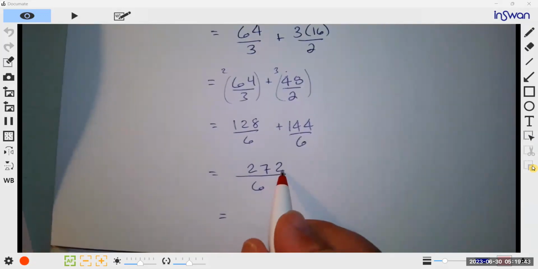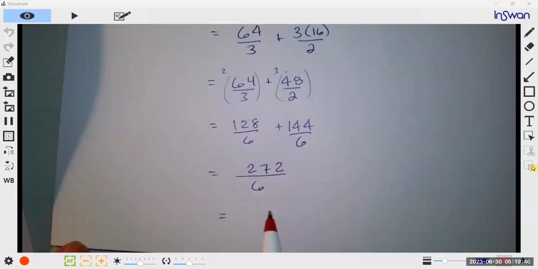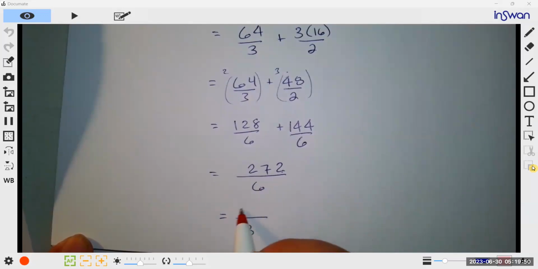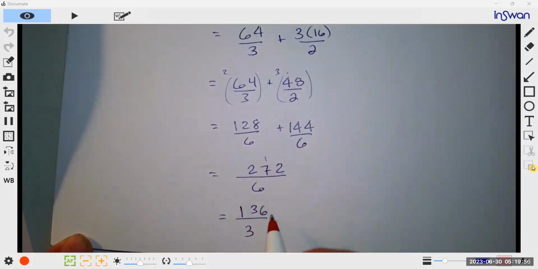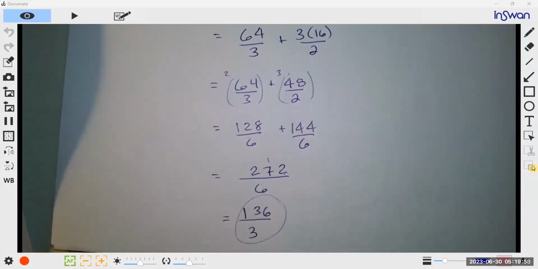We know 2 goes into both of those, so 272 over 6 reduces. 2 goes into 6 3 times, and 2 into 272 is 136. So it's 136 over 3.